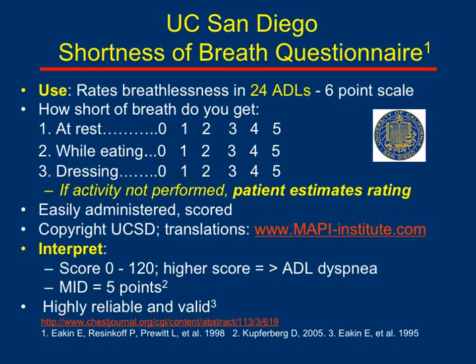You need to instruct the patient that if they don't perform the activity, they need to estimate the rating. Now, in San Francisco, if you've been to San Francisco, you know the residences rarely have lawns. It's like Manhattan. So there's a question about mowing the lawn, a question about washing the car. So there are questions that may ask patients about activities they don't perform. So be sure that they understand they have to estimate if they're not performing it.